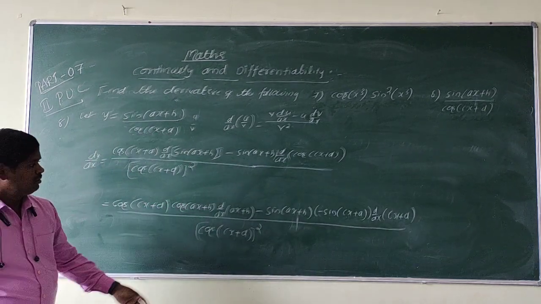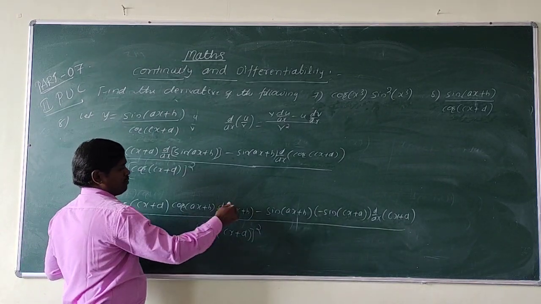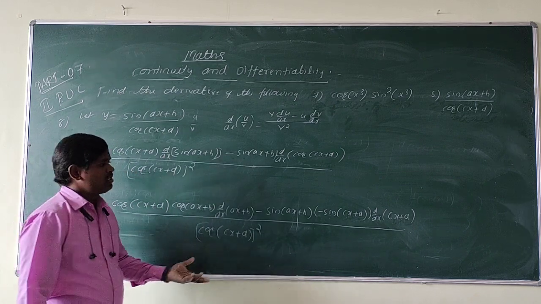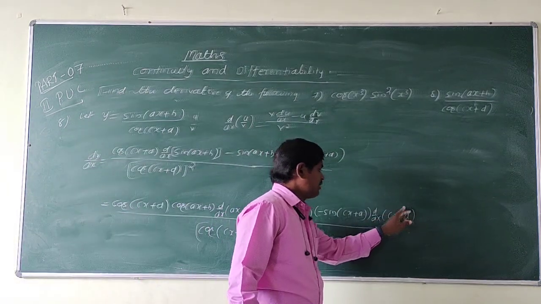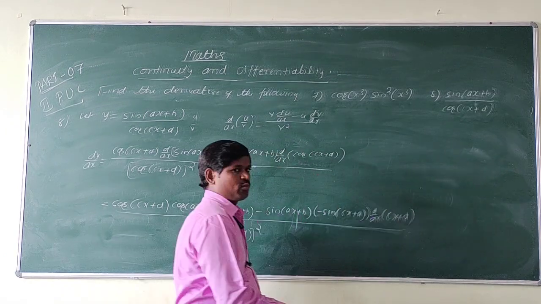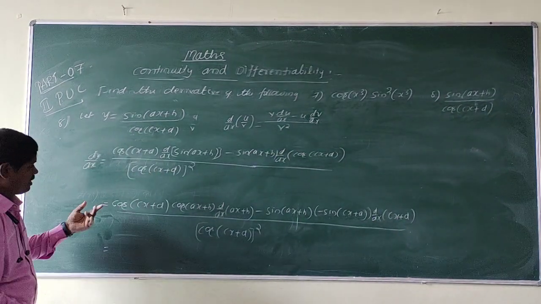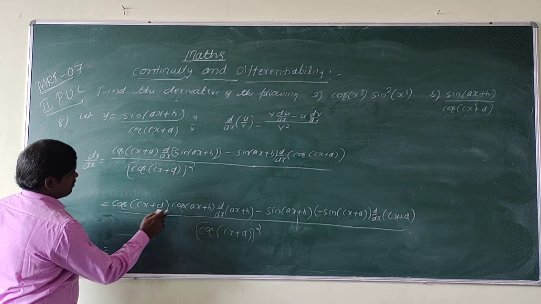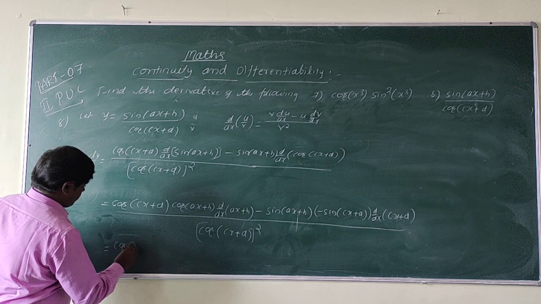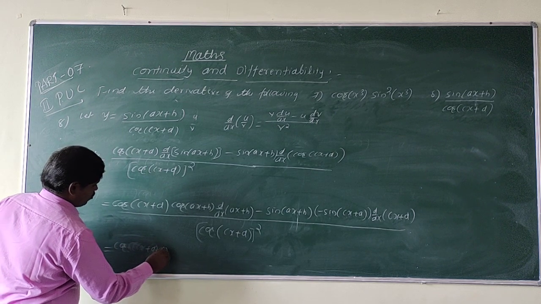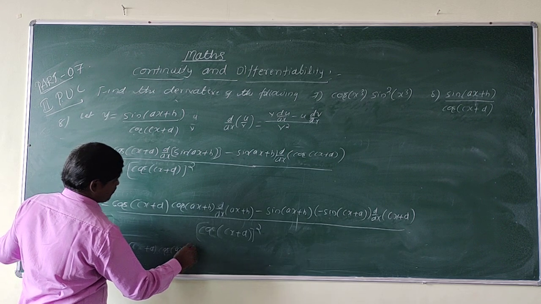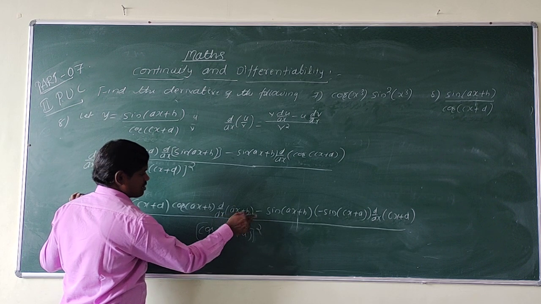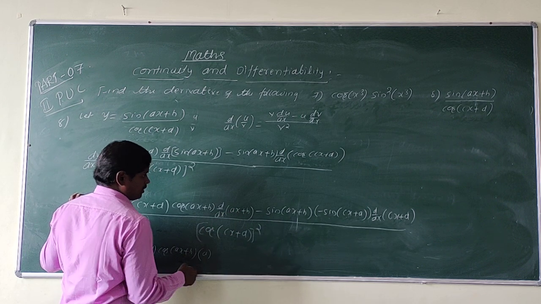It is better to differentiate directly, no problem. With practice we directly differentiate this, no need to take one more step. But here I am taking one more step. That is cos of cx plus b into cos of ax plus b. Differentiation of ax plus b: b is constant, so 0, and differentiation of ax is a.